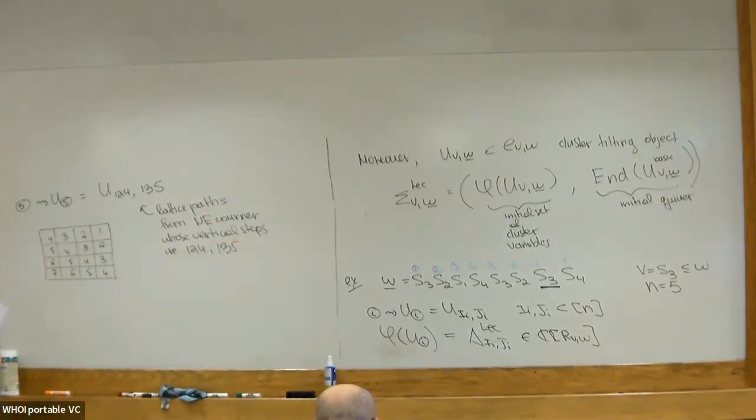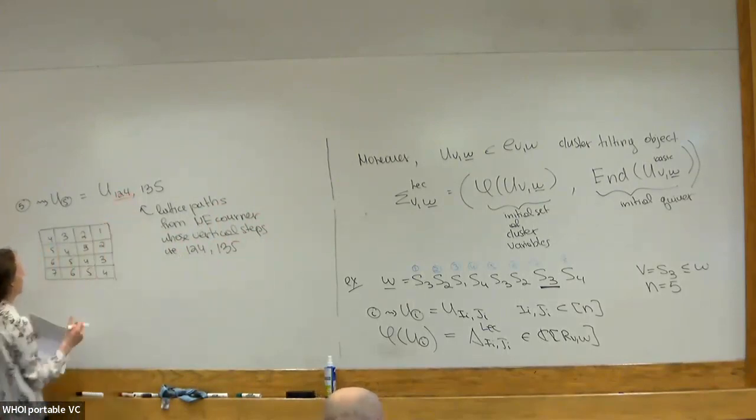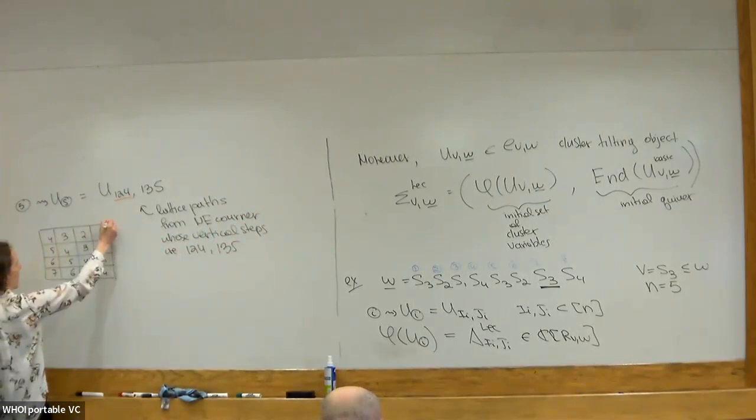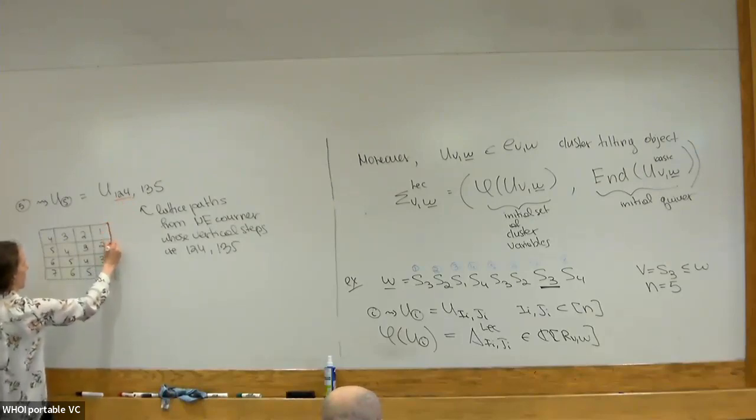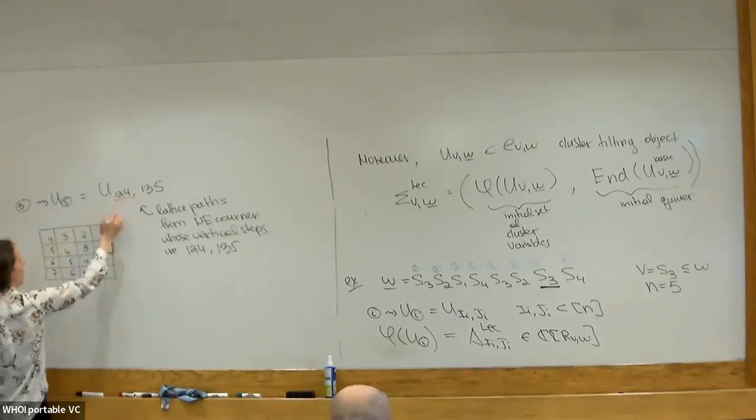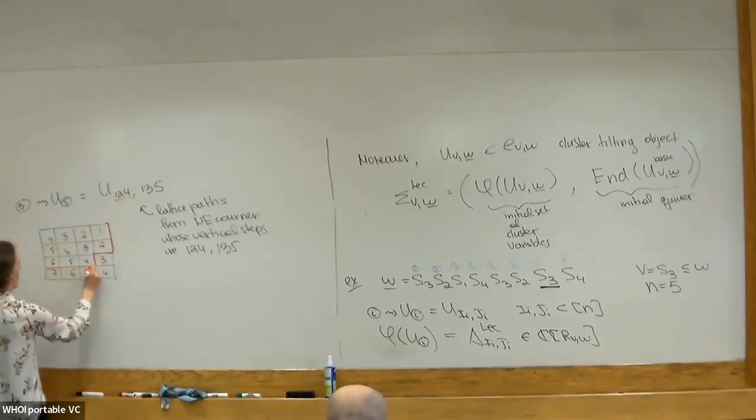Let me give an example here. This is very nice. I look at 1, 2, 4, and I want a lattice path starting here with vertical steps labeled 1, 2, and 4. So my first step should be vertical. My second step should be vertical. 3 is not here, so it's horizontal. 4 is vertical, and the rest are horizontal. So this is my lattice path.